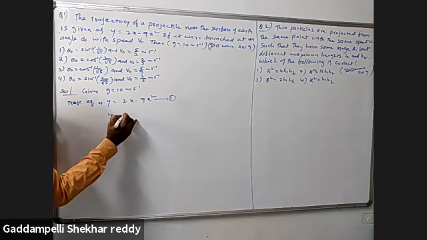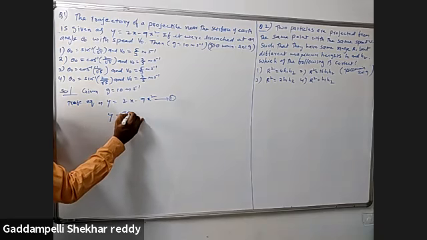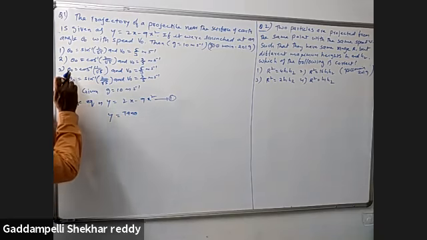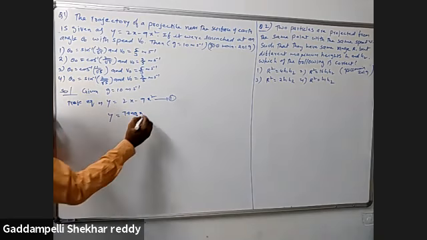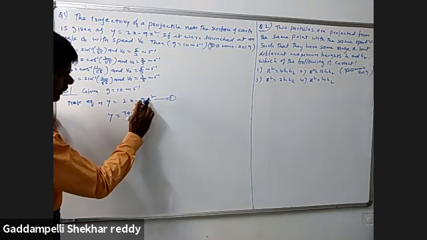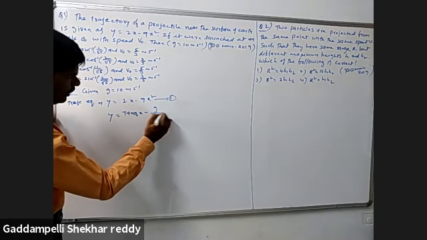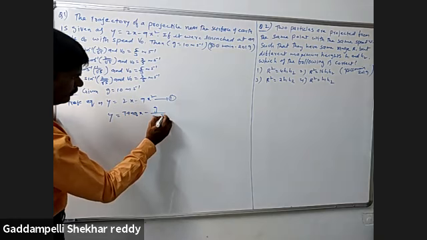The standard equation is y is equal to tan theta, but here theta is given in terms of theta naught, times x, and the x square coefficient, we know, is g by 2u square.